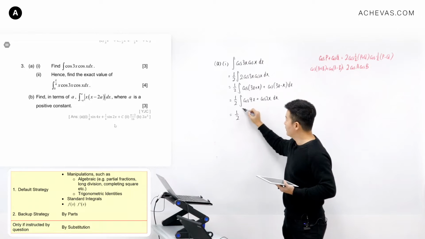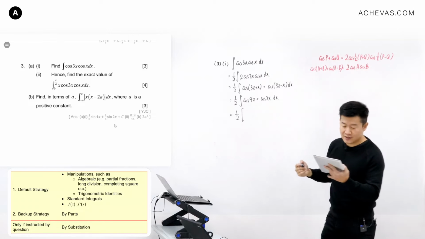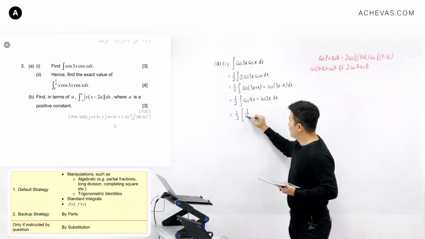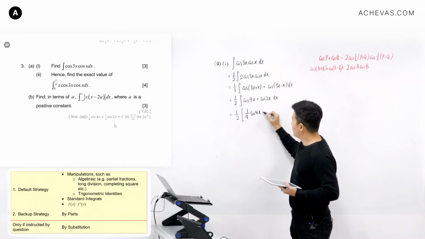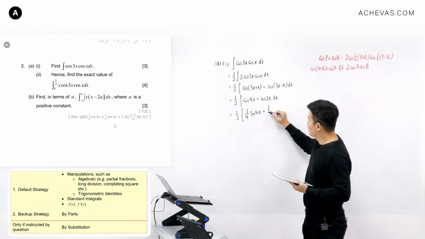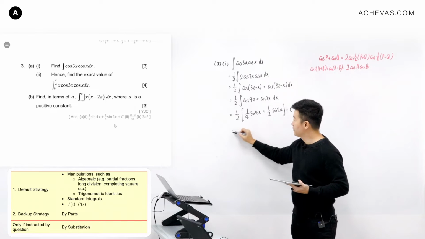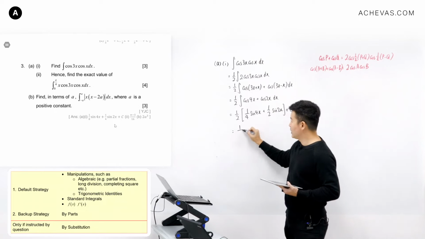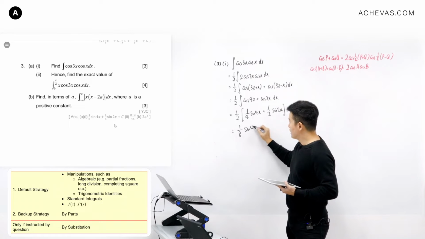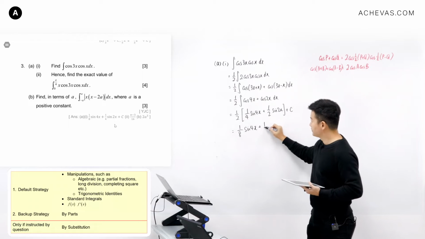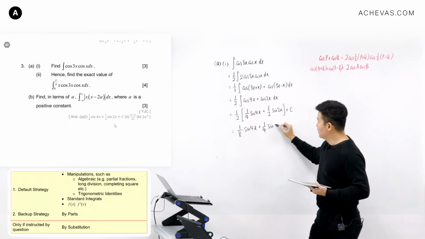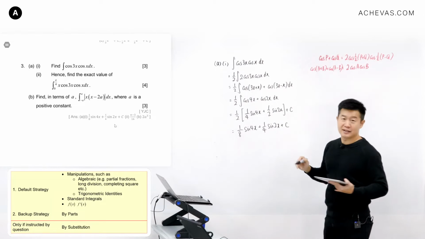We can already start integrating this. This is going to give us a 1 over 4 sine 4x, and this will be a 1 over 2 sine 2x plus c. So if I were to multiply this in, we have a 1 over 8 sine 4x plus 1 over 4 sine 2x plus c.